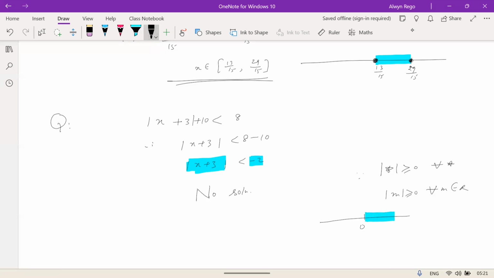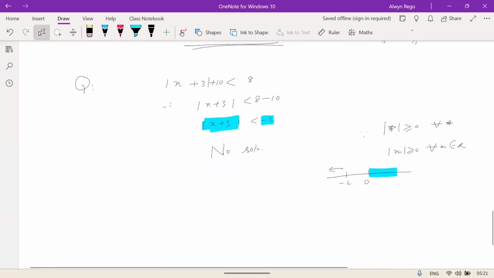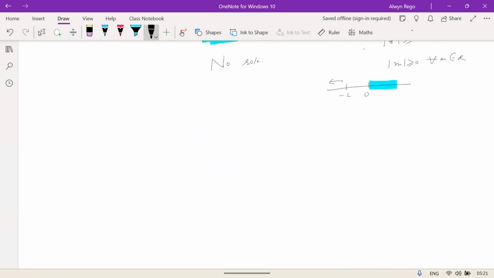So if you're asking for something which is less than negative 2, then you're asking for trouble. You don't have anything of that kind at all. So no solutions.